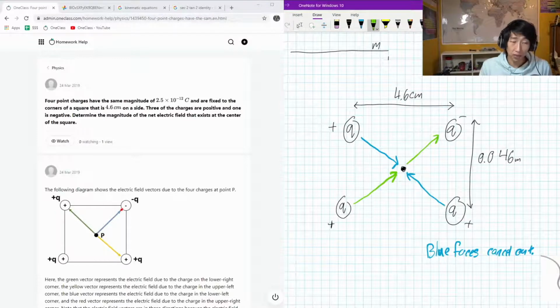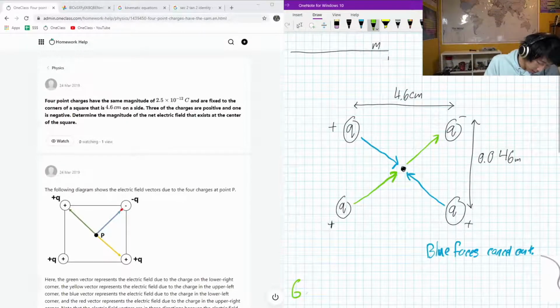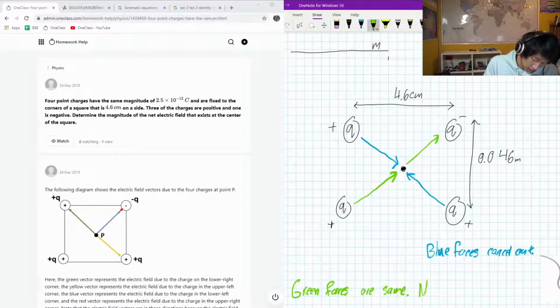Since the magnitudes of the charges are the same, the green forces are the same. Net green force is double one green force.